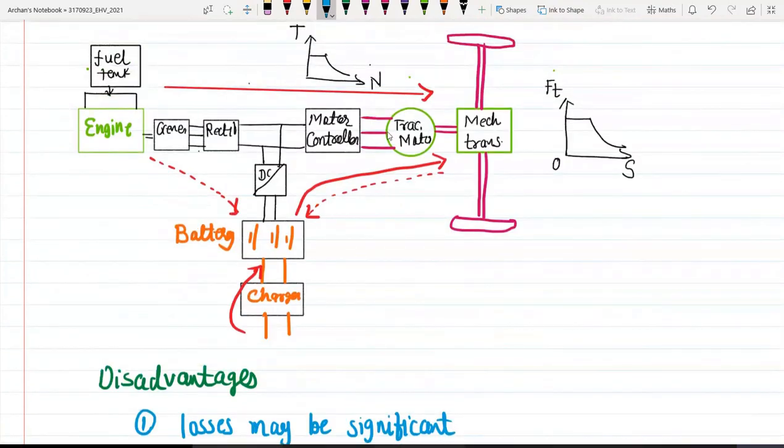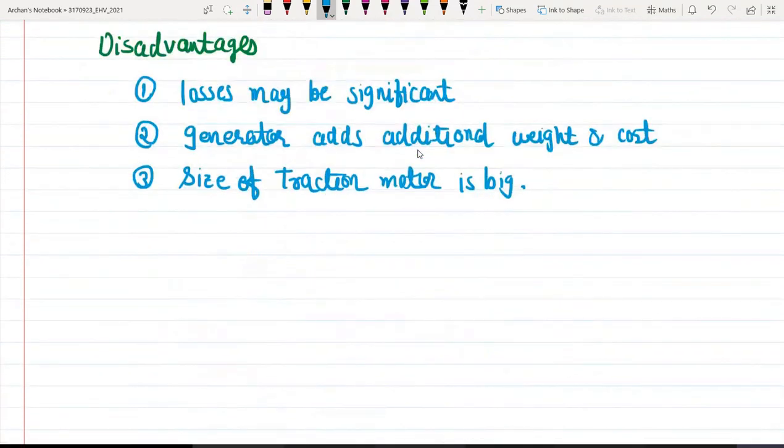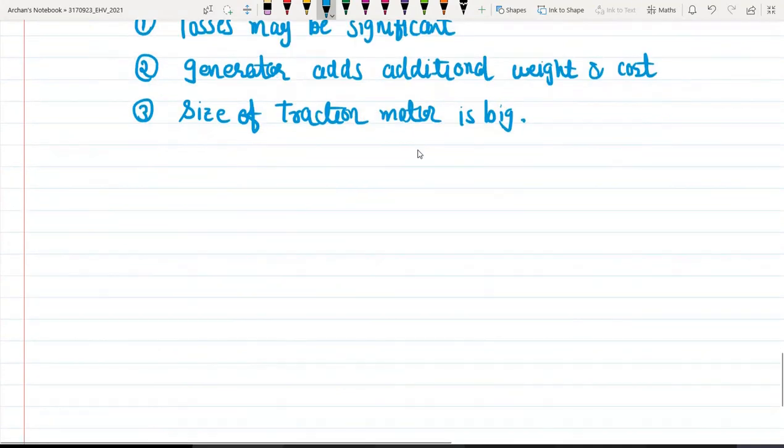You can see there is only the traction motor which is connected to the mechanical transmission, right? So to propel the vehicle, we must depend on this traction motor only. Whatever the torque speed requirements are, they must be satisfied with this traction motor only, so we should select more size or more power rating of this traction motor. These are some of the disadvantages associated with series hybrid electric vehicle.